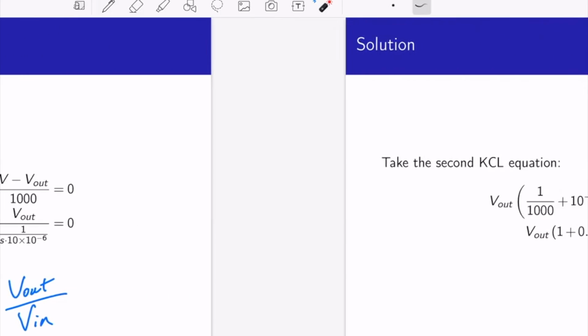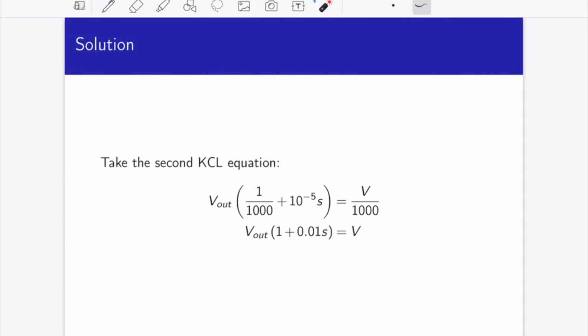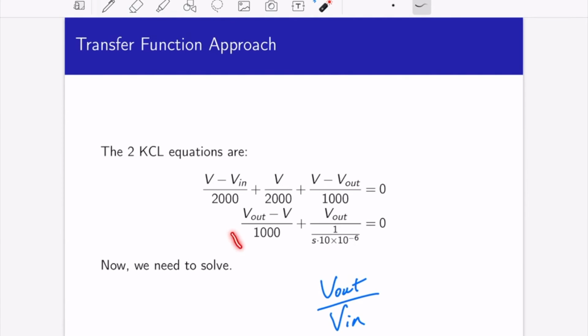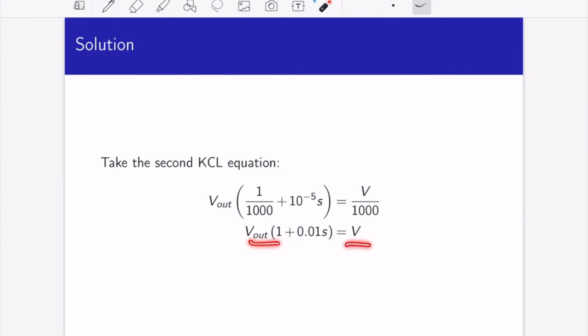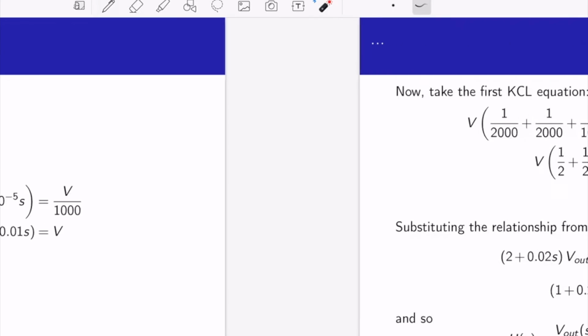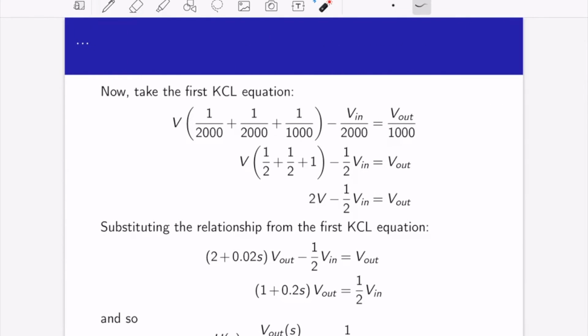So when we solve that, we end up with V out times 1.01 S is equal to V. All we did there was we took this second equation, flipped this term over here, and solved for V out and V. We could then substitute that into the first equation.